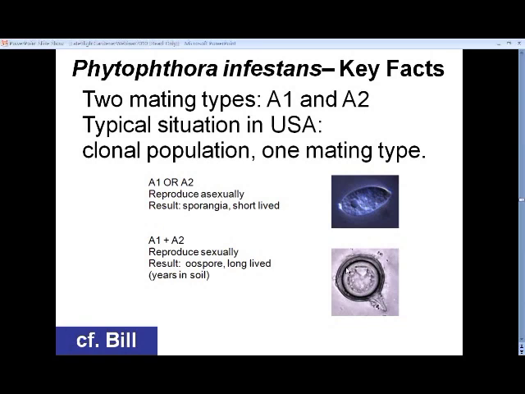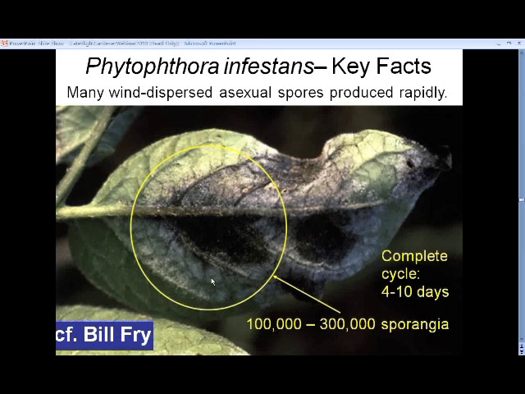You can see its thick wall compared to the thin wall on the sporangia or sporangium. That spore is going to be able to survive a long time. It can be in the soil, doesn't need a living host. It won't grow and multiply until it finds a host to grow. But it can survive, and it can survive for years. And that's an important thing to keep in mind.